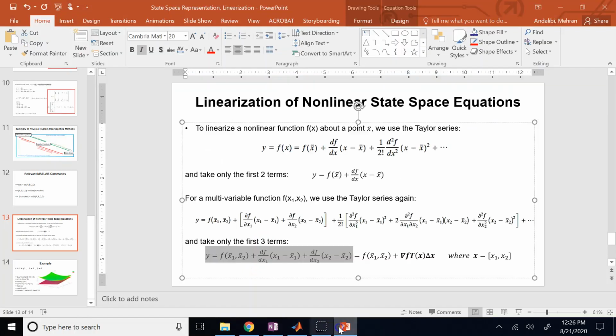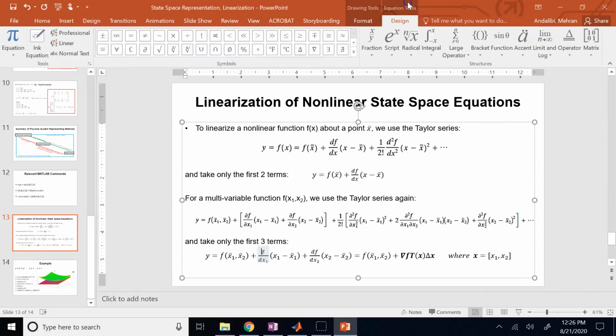And you can see the two linear terms. Partial derivative of f with respect to x1. Actually, these should be partial derivatives, not direct derivatives. So let me fix it before I forget, because it is really important that you use correct notation.